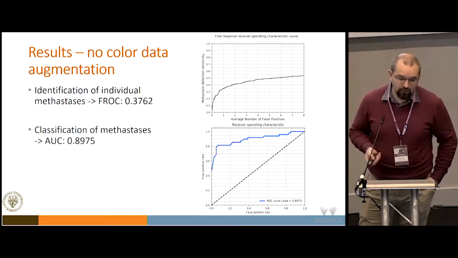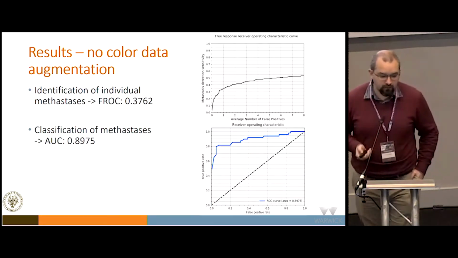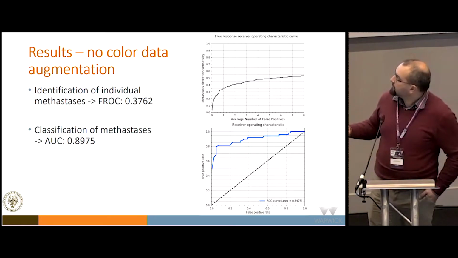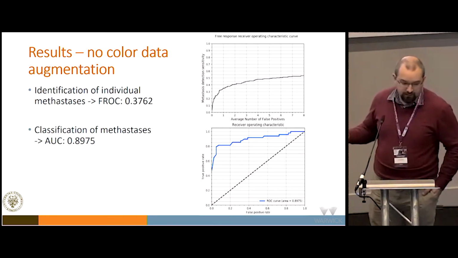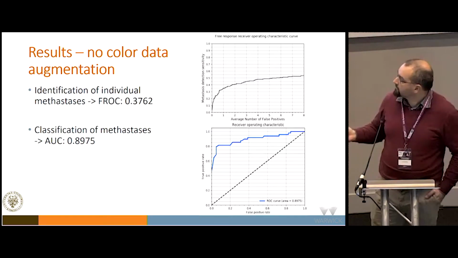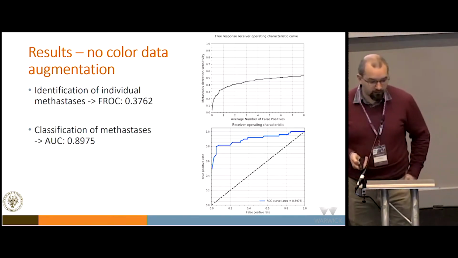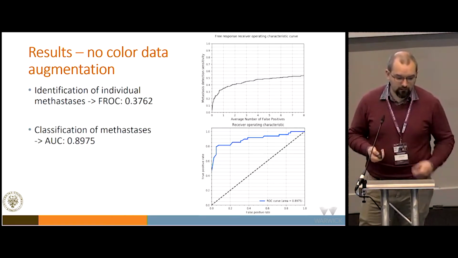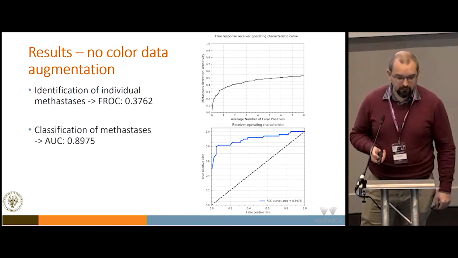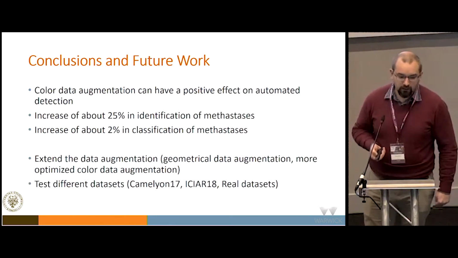For comparison, the previous work without the color data augmentation gave a score of around 38% and 89.75%. Therefore, we can immediately see the increase in the quality of our results using the color data augmentation.